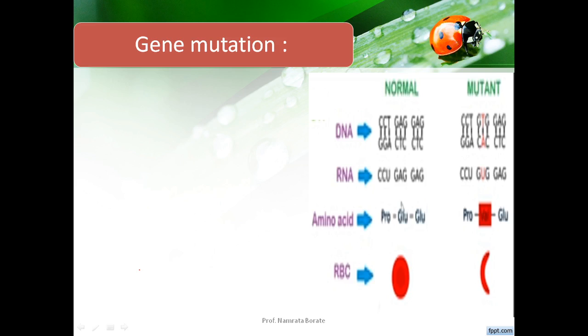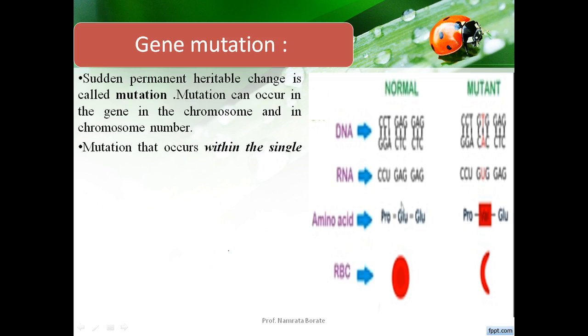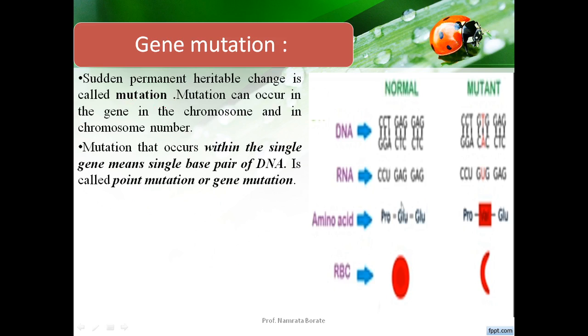So, the first phenomenon is gene mutation. A sudden, permanent, heritable change is called a mutation. It is a spontaneous permanent heritable change.